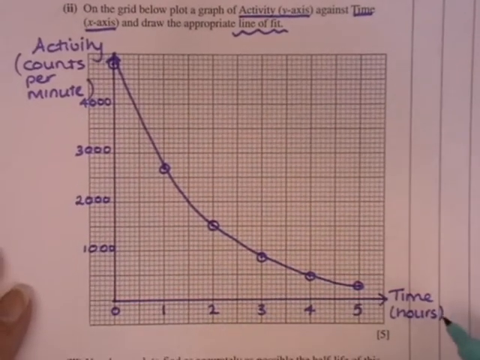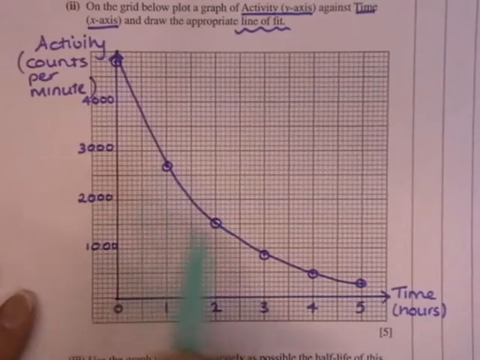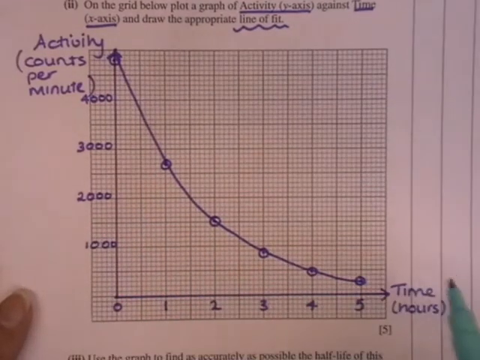So the 5 marks again: 1 for both labels, 1 for having both scales accurate, 2 marks for plotting the points accurately, and the final mark for the line of fit.